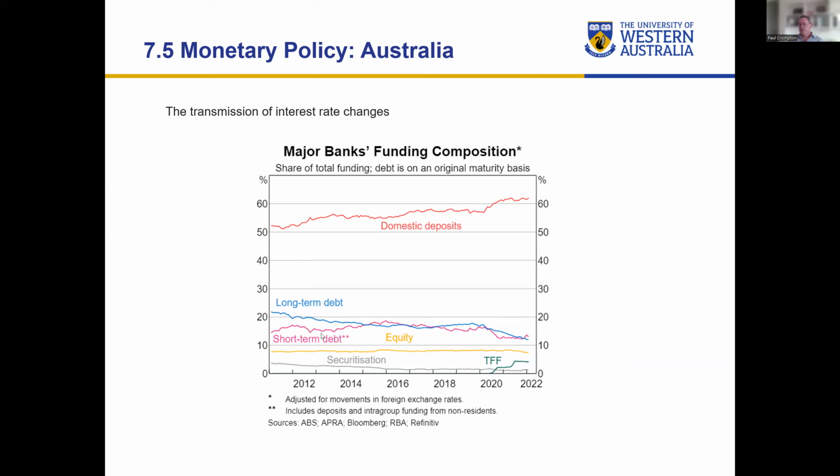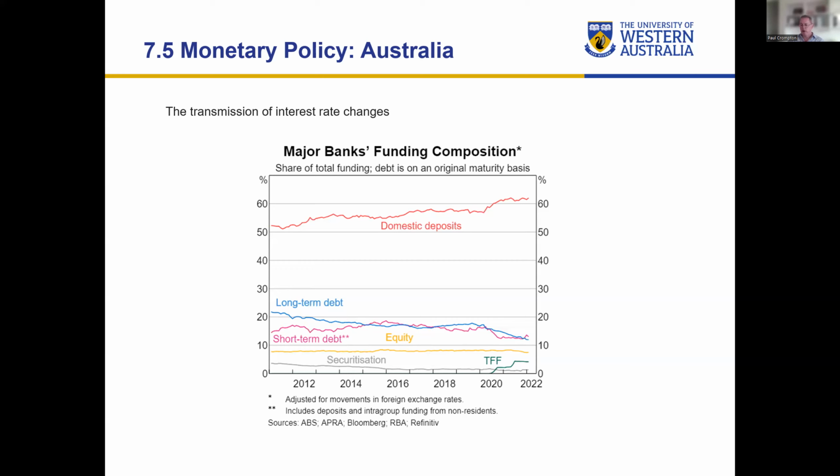A reduction in the cash rate will affect interest rates on short-term debt almost 1-for-1. Interest rates on domestic deposits move close to 1-to-1, but it does depend upon the demand and supply of domestic deposits within the marketplace at the time. And then reductions in the cash rate are only loosely correlated with interest rates on long-term debt.